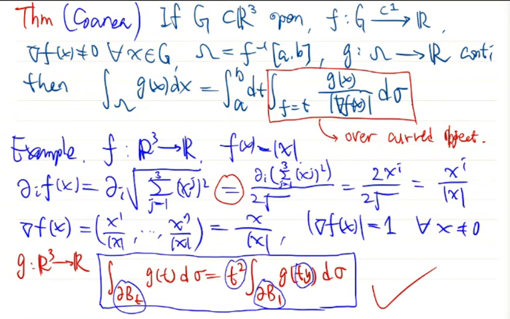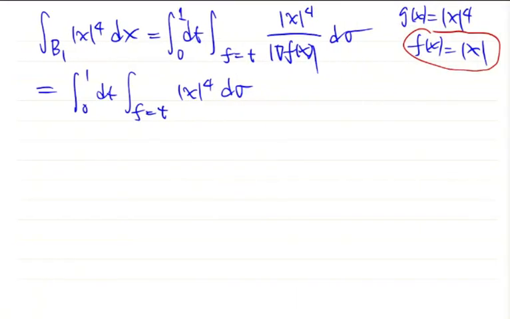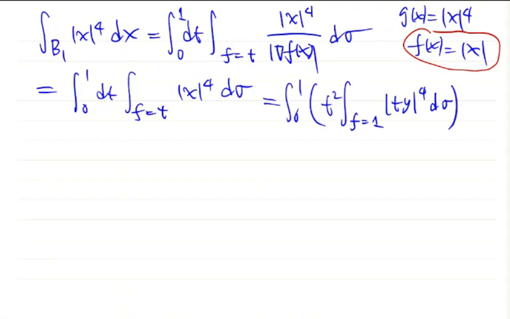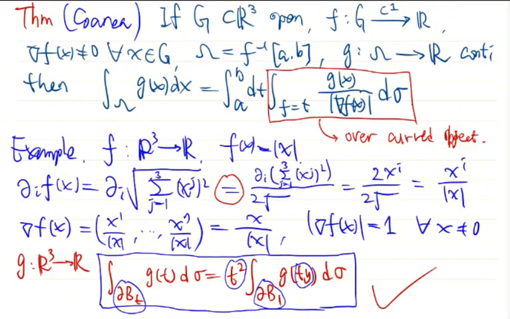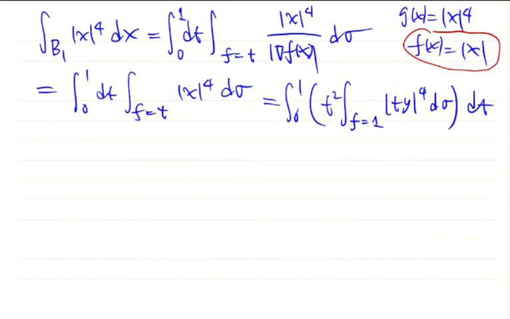Okay, so using this result, our computation can be continued to be the integral from 0 to 1 of t squared, f equal to 1, of (ty) to the power 4 dσ, then dt. Just using this formula, g is the norm of x to the power 4. So this is the first method to compute this.